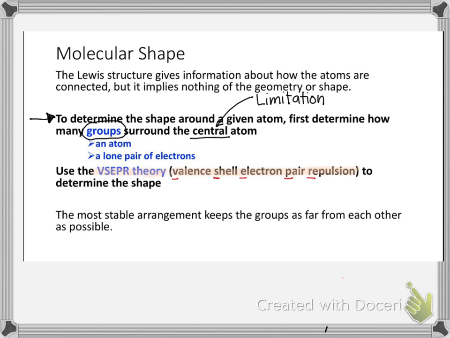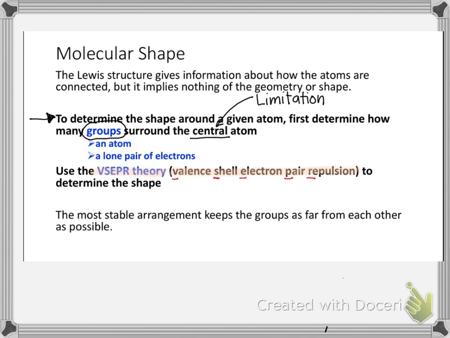So in the models we do, we only have one central atom, so that's not really a big deal. But for larger molecules, every connected atom would have to be treated like a central atom to figure out the shape. So it would almost be like putting a puzzle together, because you'd have to figure out the shape of the first thing and then attach the shape of the second thing, and it just kind of keeps building. So it is a limitation that you're only looking at one central atom.